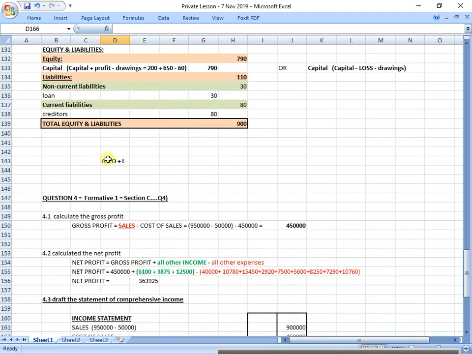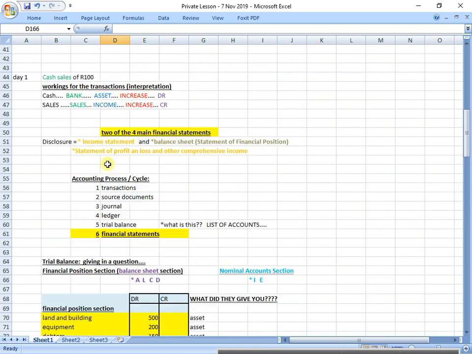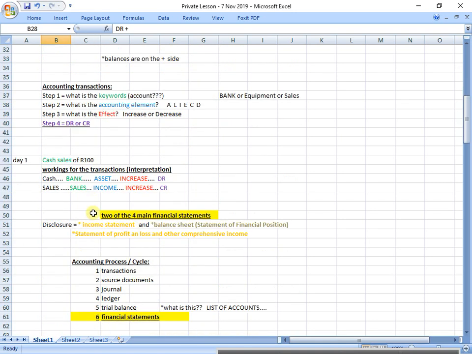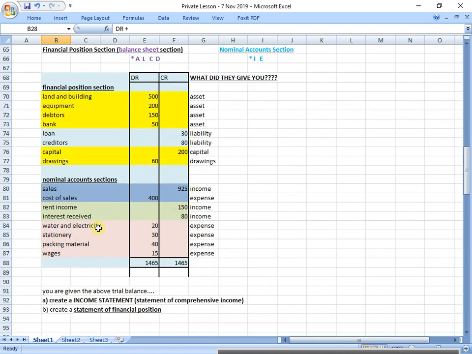Remember this. Have a look at this tip. Income. What balance does income have? A credit. What balance does an expense have? A debit. So if you look at the trial balance, have a look. All of these debits are expenses. All of these credits are income. Right?